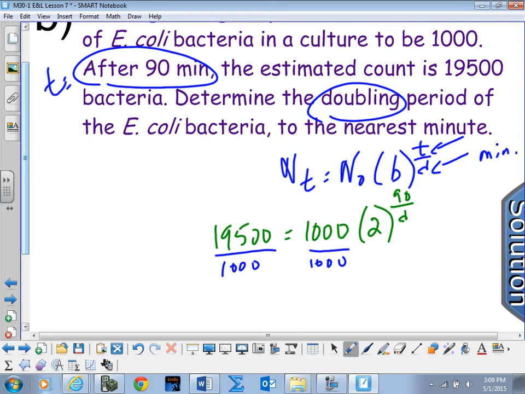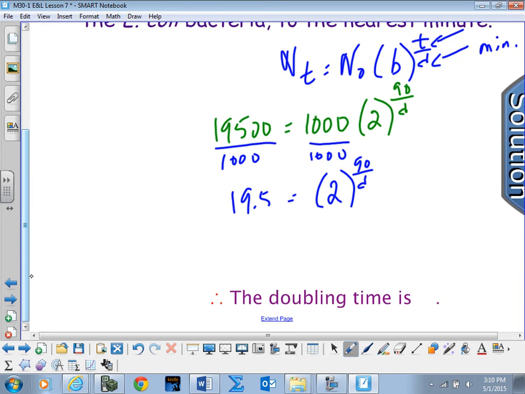So dividing by 1,000, we get 19.5. And on this side, we get 2 to the 90 over D. Now we can put the logs in place. Move the exponent to the front.